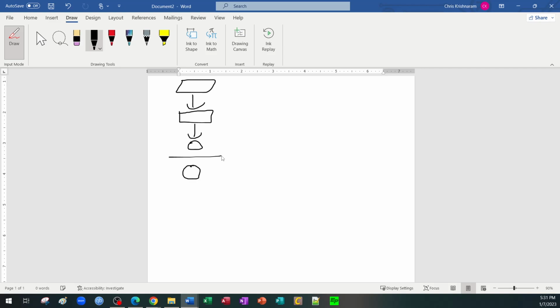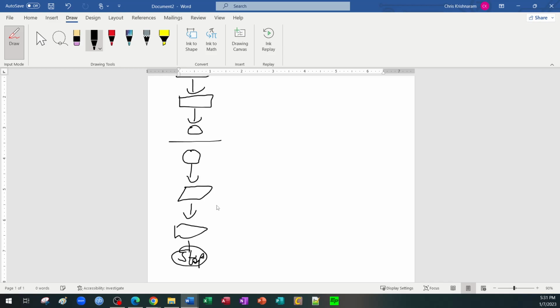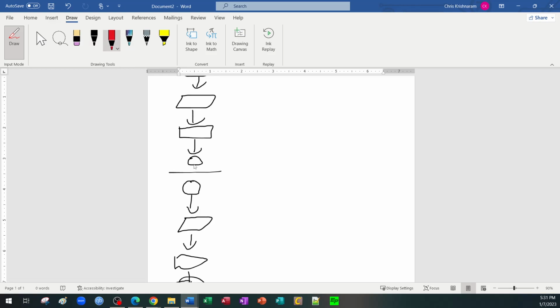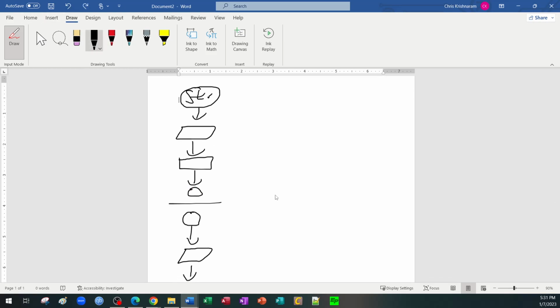So nothing is in between here. So it goes from here to here, and then from this connector it goes to another symbol, then another symbol, and then we stop here. So notice we have two connector symbols there.